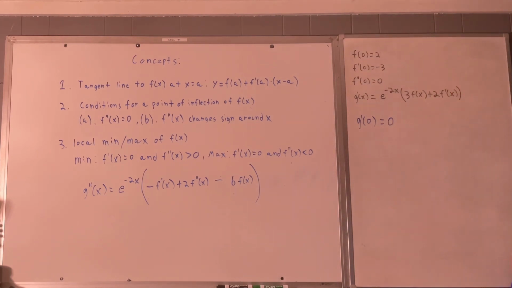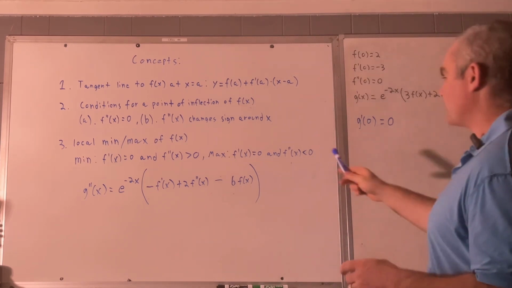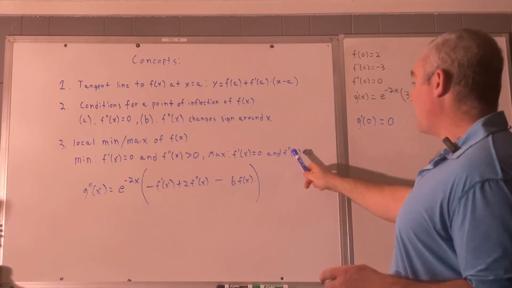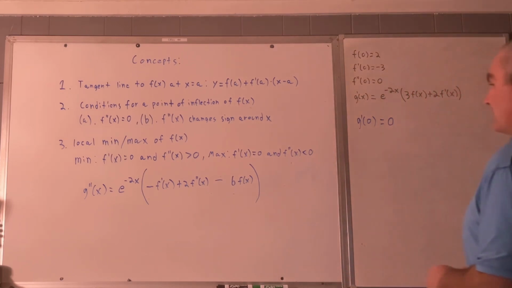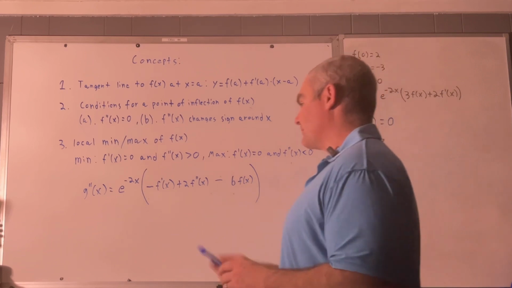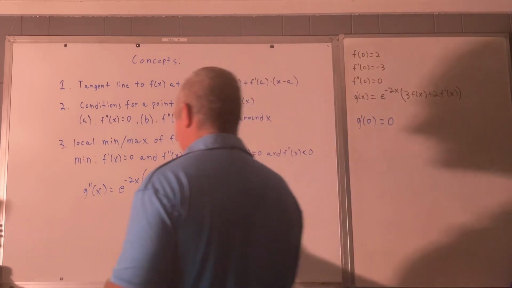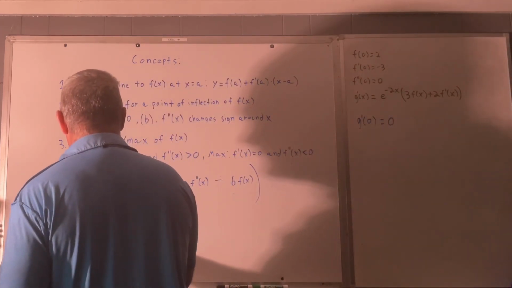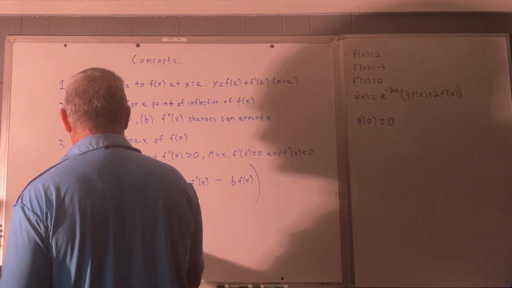In order to show that we have a local maximum, what do we need to show? That g double prime at 0 is less than 0. So let's plug it in. What is g double prime at 0?